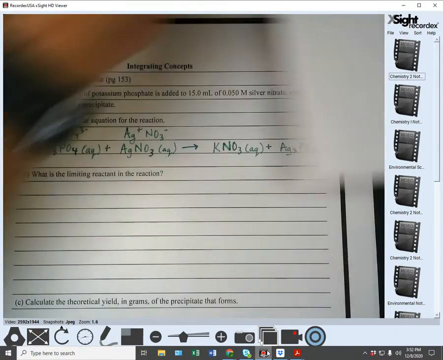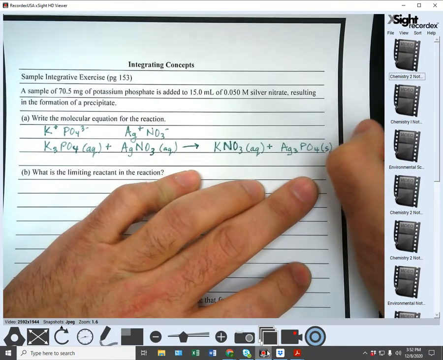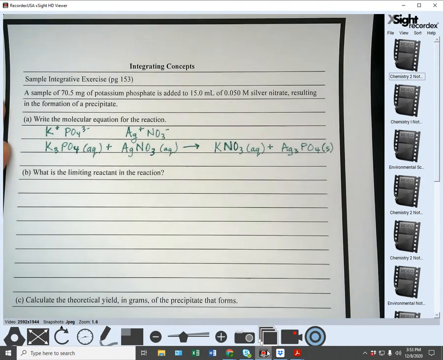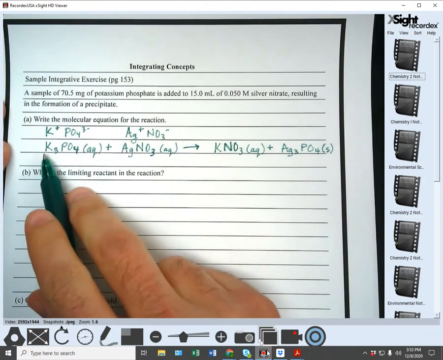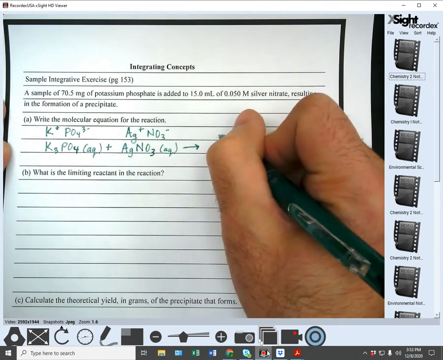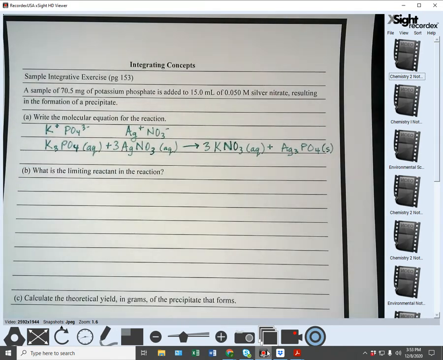Silver is not an alkali metal or NH4, so this will be a precipitation reaction and solid. Okay, now balancing, let's see. We would need a 3 in front of this and a 3 in front of this for balancing. Okay, there we go. Balanced molecular equation for part A.